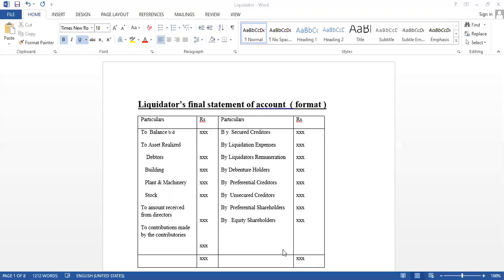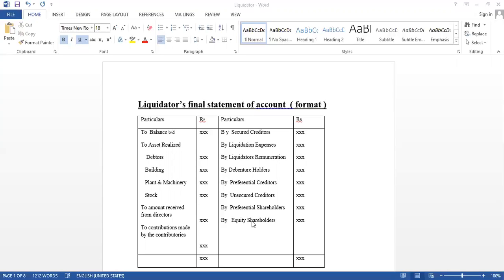In this order we have to write it, and the liquidator distributes the amount in this order only. The last one is the balancing figure.